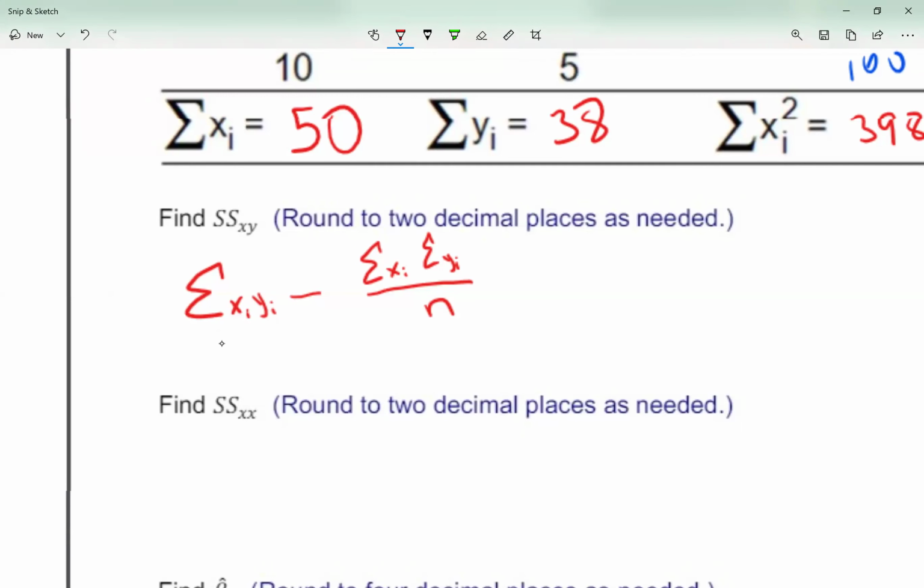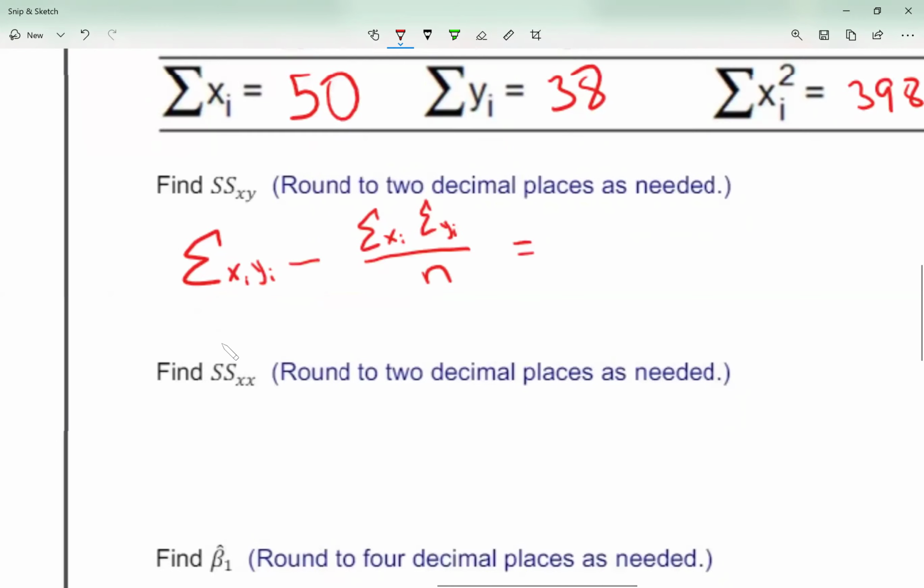N is how many numbers do I have on each list. My lists are going to be the same length, okay? And that will be our formula. And then this is going to give me a number. The good thing is I'm going to have Excel figure it out, okay?